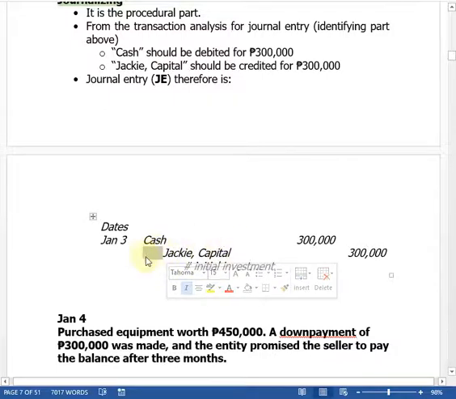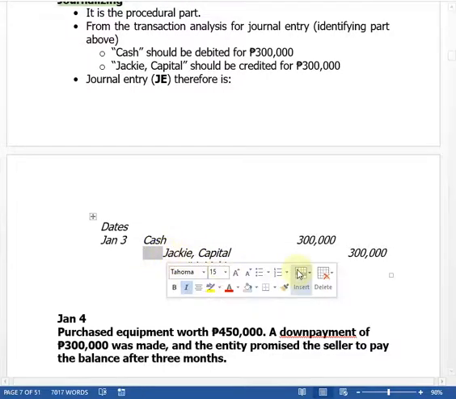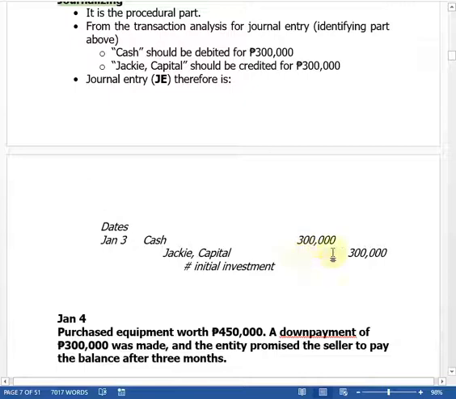So there must be an indentation to Jackie capital entry. And the same happens to the amounts. The amount of 300 on the debit, and then since we indented the credited account, we must also indent the credited amount. So there is clearly an indentation here from the 300 on the debit side.